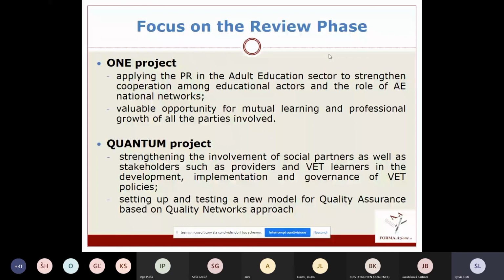Something we learned from the past for sure was the importance of involving the key actors in the process, acting effectively as peers, being involved in producing data and information, being engaged in monitoring and evaluating the activity, so as to effectively produce the right approaches for the review phase.